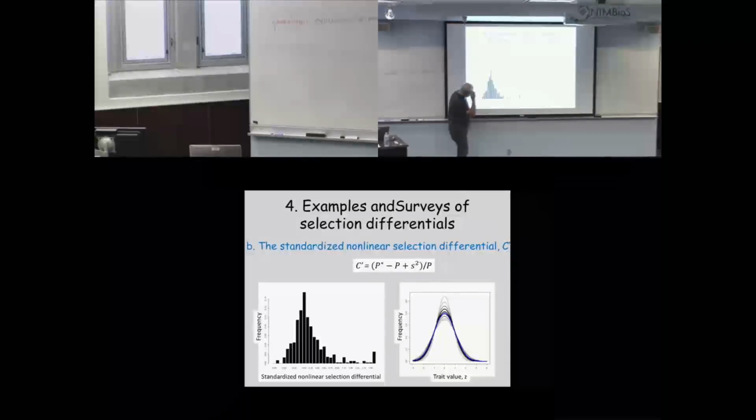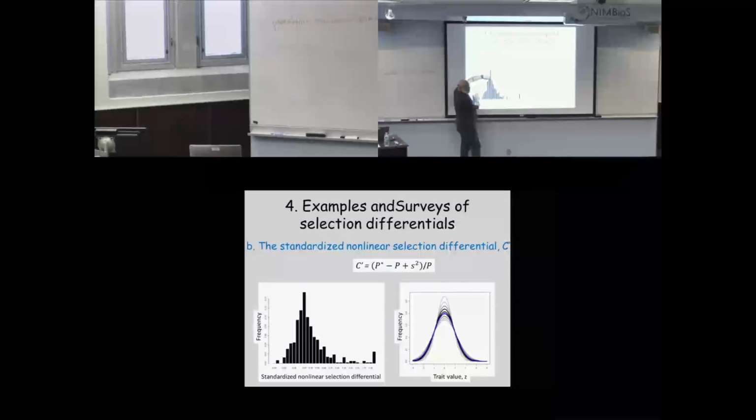So I should put a red line or something in here for the 0 point. It would be right about there. So what this says is, in all of these studies, variance contracted, but in all of these studies, variance expanded. So if you like, this proportion is stabilizing selection and that proportion is disruptive selection.